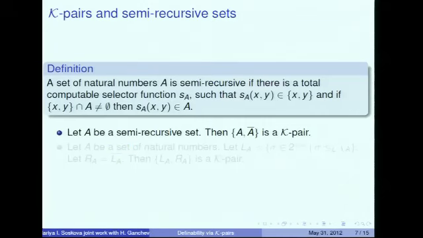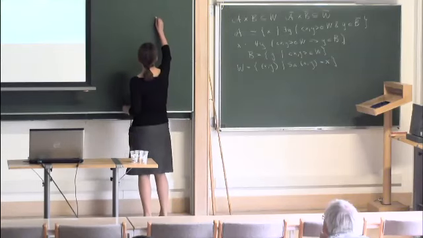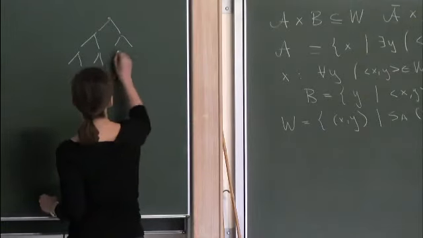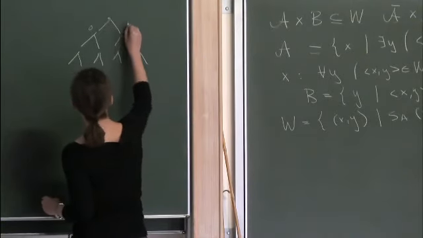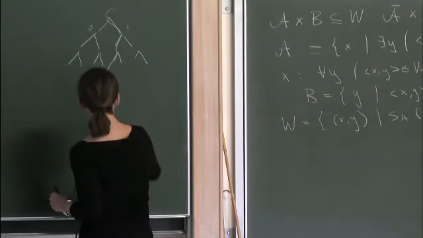And the third example, which is a special case of the second example, is the following. So let A be any set of natural numbers, and let left A consist of all finite binary strings which are to the left of the characteristic sequence of A. So if you imagine the full binary tree, then the characteristic function of A is just one branch in this tree, like this.